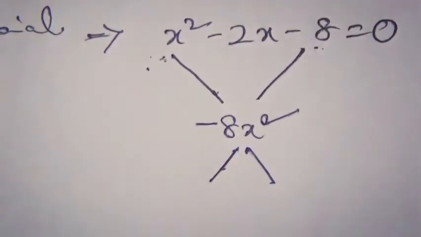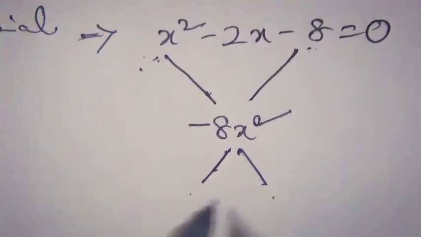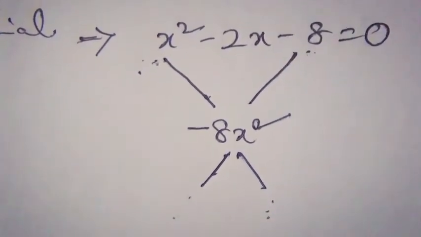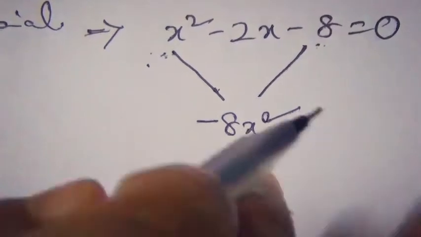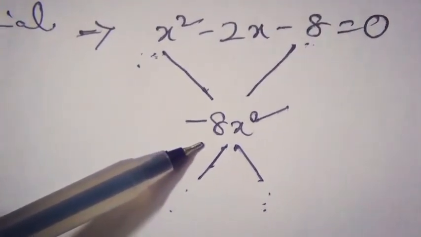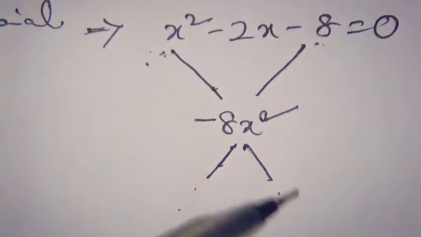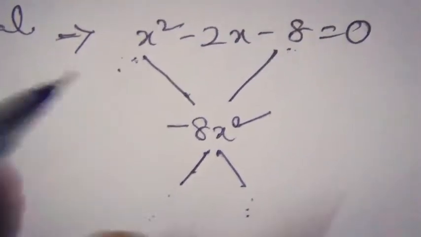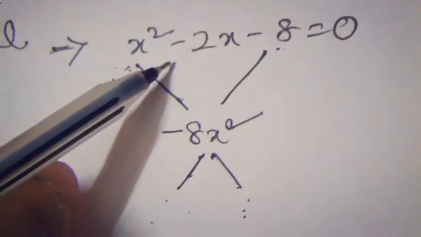Okay, so we have to take two numbers that, when you multiply them, give minus 8x square, and when you add or subtract them, give minus 2x.